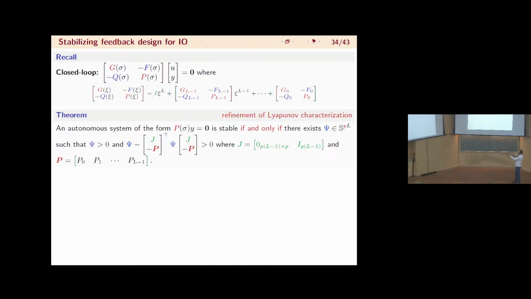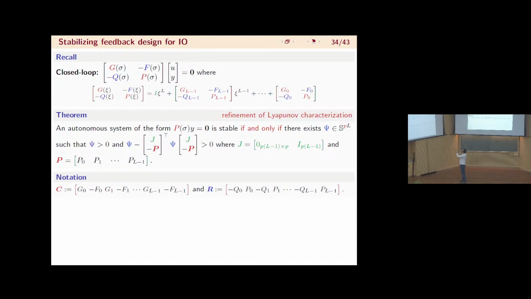Now, if I replace this P by this bigger matrix, I obtain the Lyapunov characterization of stability of this closed loop system. For that, I need the coefficients here, right? But in these coefficients, what I know is Q and P matrices.